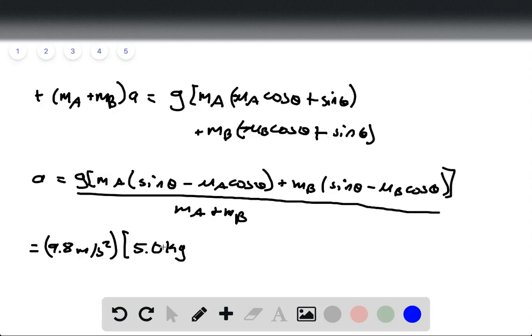And MA and MB are both the same. So we can factor out that 5 kilograms. And then we'll have, since they're the same, 2 times the sine of this angle, which we were told is 32 degrees. Mu A is 0.2.